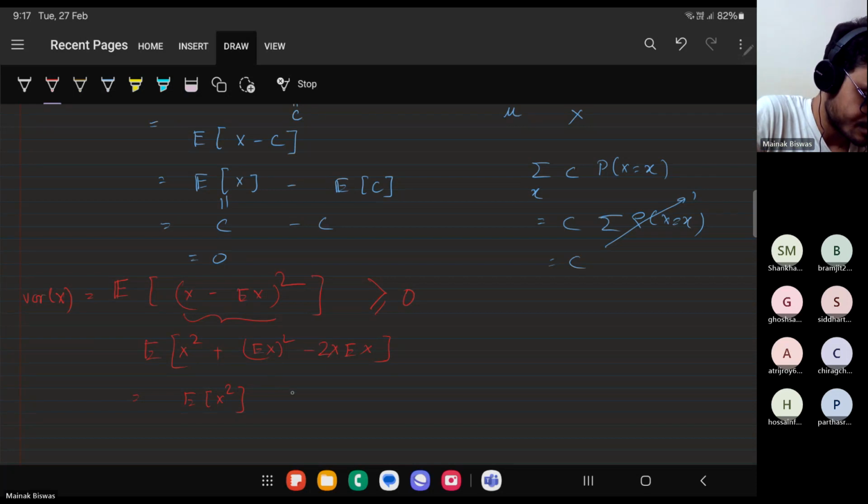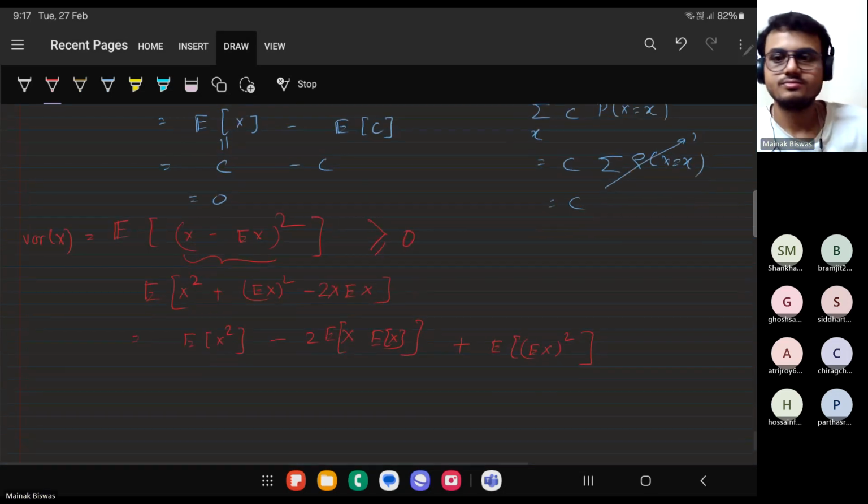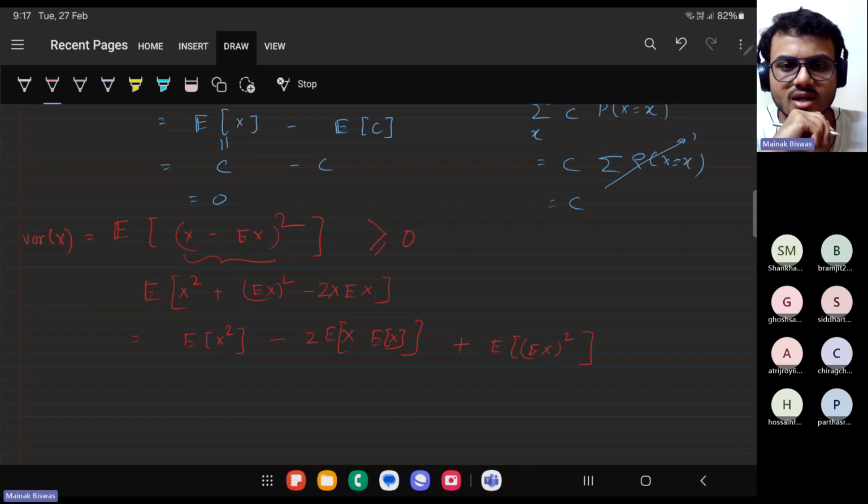Yeah. So minus 2 into expected value of... So again, remember, by linearity of expectation, right? Yes or no? Correct?